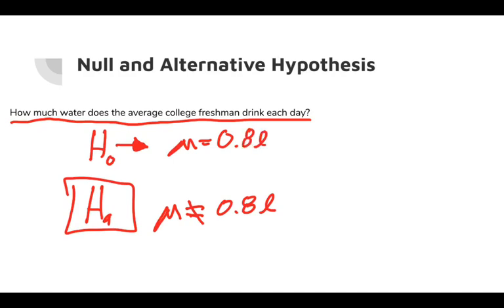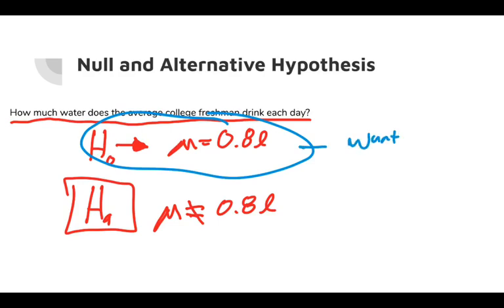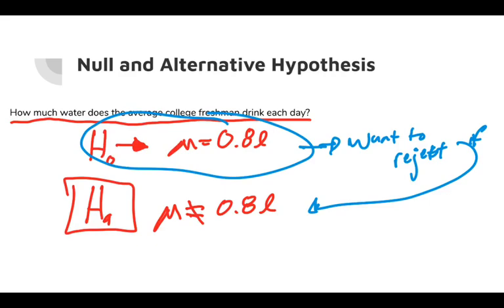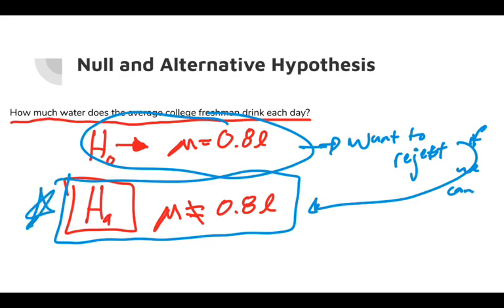And basically what we're going to do with the rest of the study is try to take this null and disprove it. We want to reject the null hypothesis, because if we can reject it, then that allows us to accept the alternative, which is what we're trying to do.